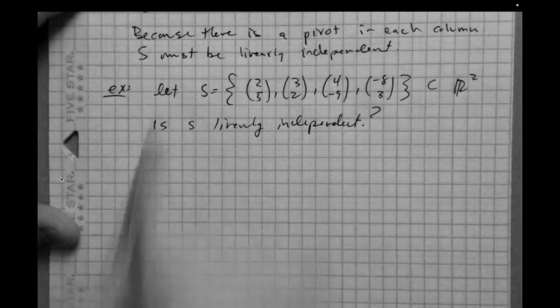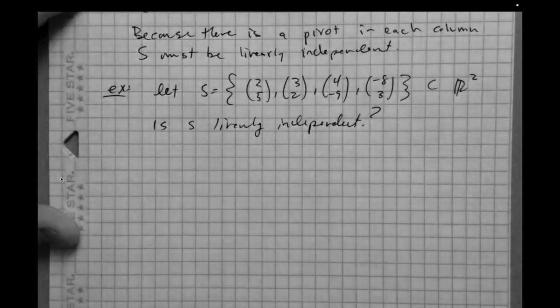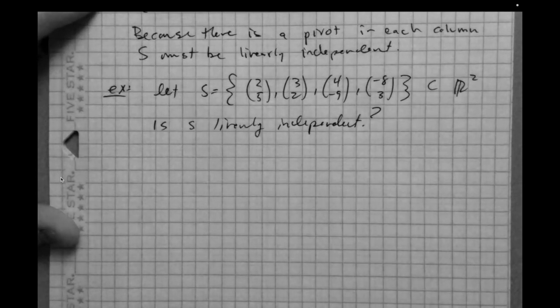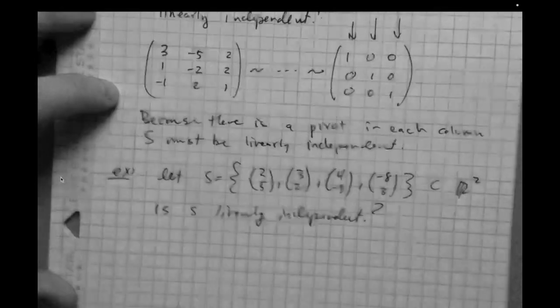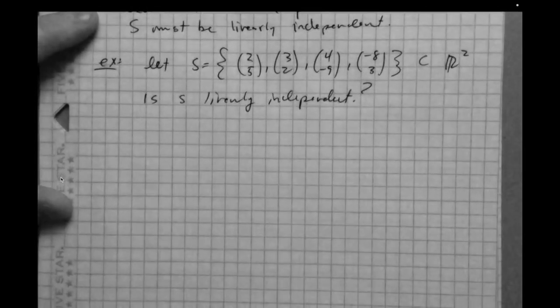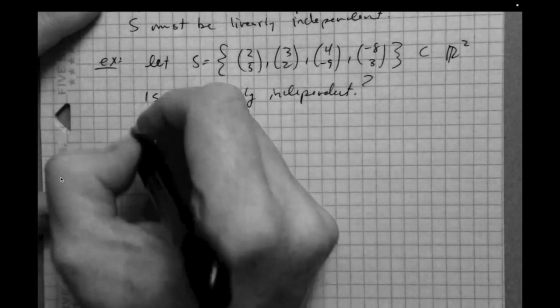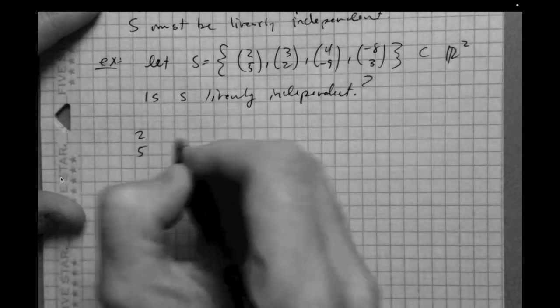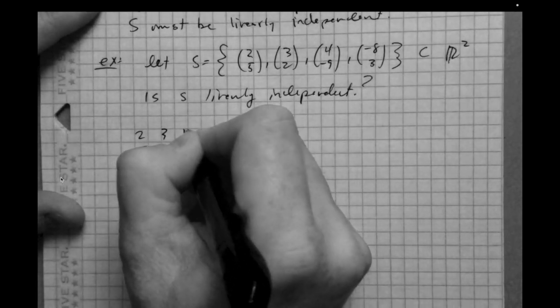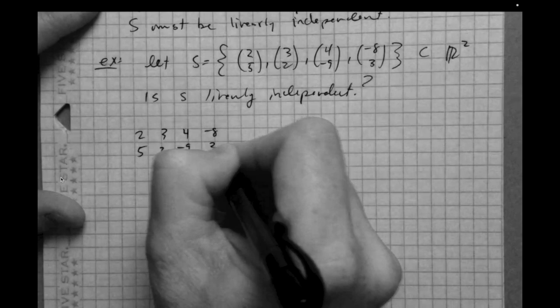Okay, is it linearly independent? Well, let's see, how do we check? Well, we throw this all into a matrix and we row reduce it: 2, 5, 3, 2, 4, negative 9, negative 8, 3.